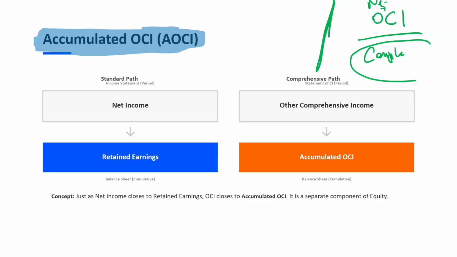Basically, the numbers here transfer into the balance sheet in the equity section, and you can think of it like a holding tank. Yeah, that's, I think, the best way to explain it. So all those items stay in this section. That's a line item in the equity section, and they stay there until we use them. So once we start using them, we deduct them and we move them into net income.